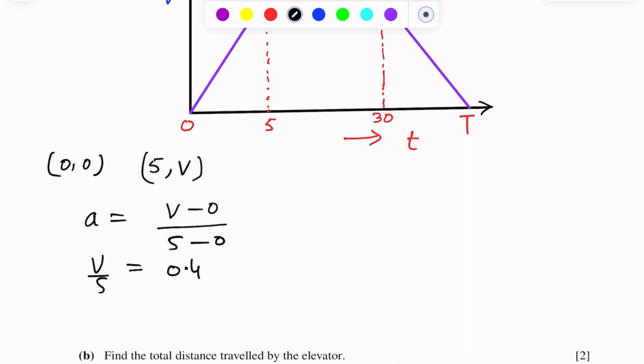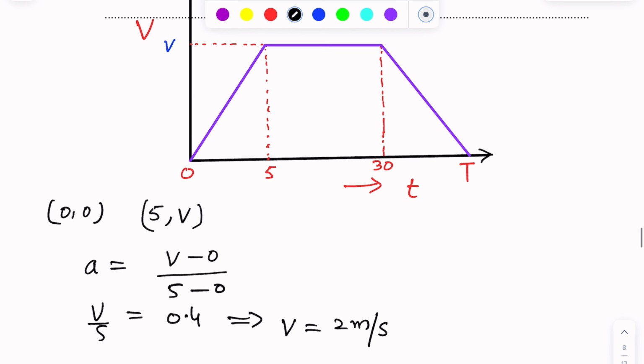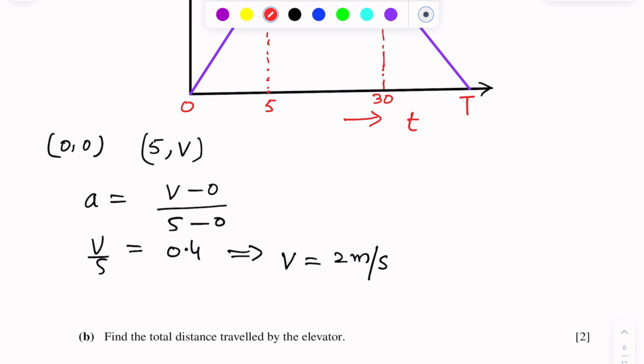From here we get v is equal to 2 meter per second. The greatest speed is 2 meter per second.